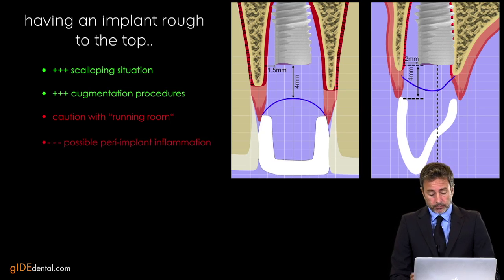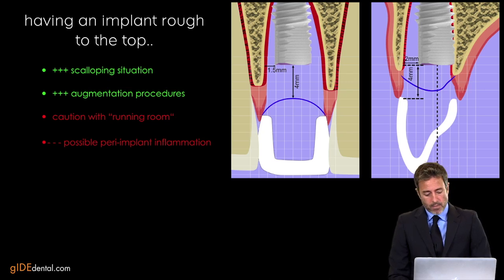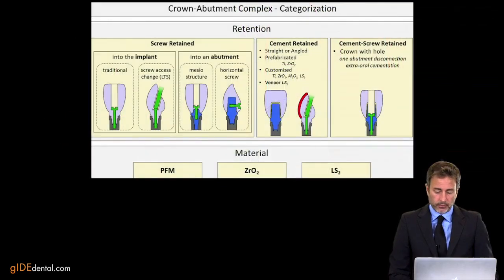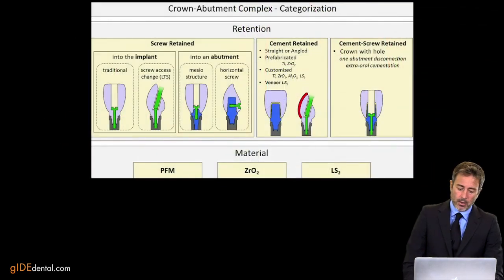Because of that, the same positive rough to the top surface could be negative because of possible peri-implant inflammation. So we have positive and negative things.